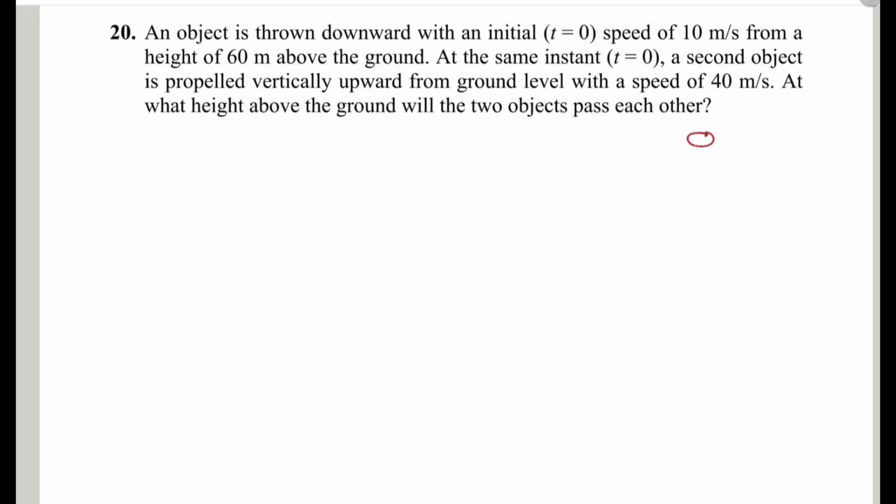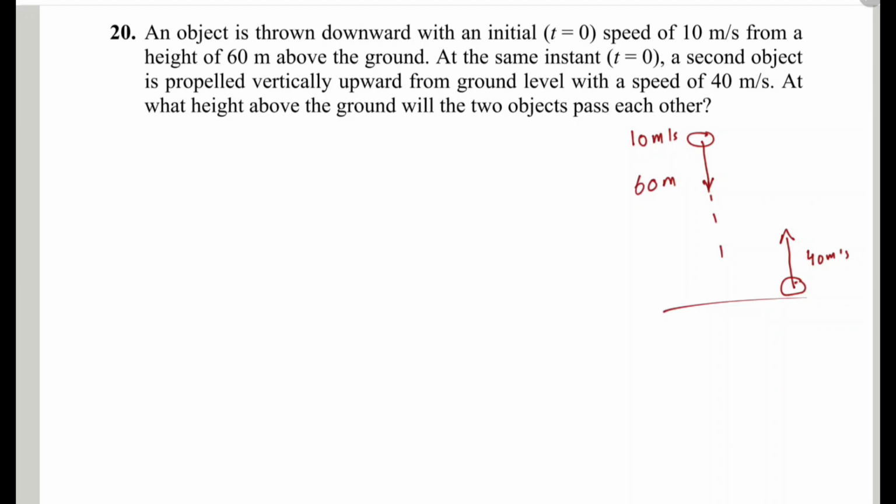We have an object thrown vertically downward with initial velocity 10 meters per second from height equal to 60 meters, and this is the ground. Another object is thrown vertically with initial velocity 40 meters per second. Now the question is, at what height above the ground will both objects pass each other?